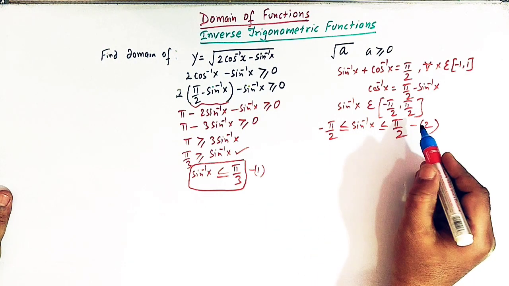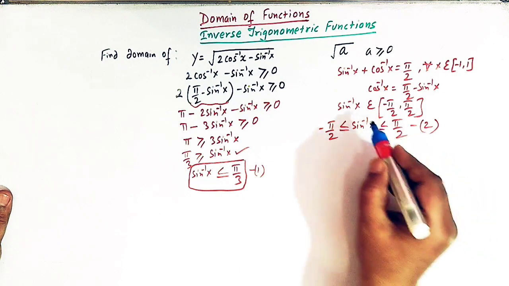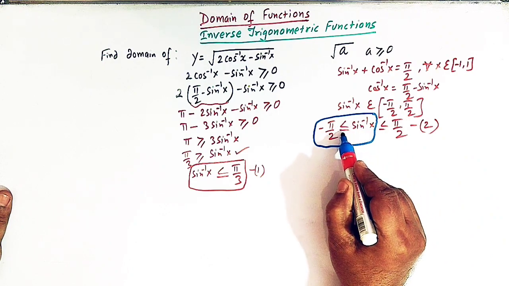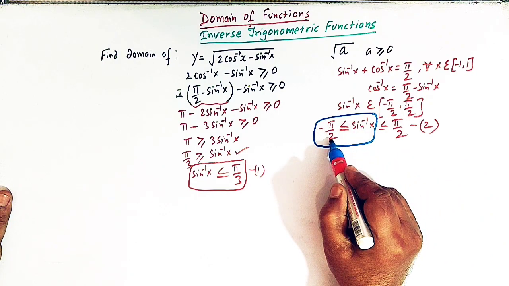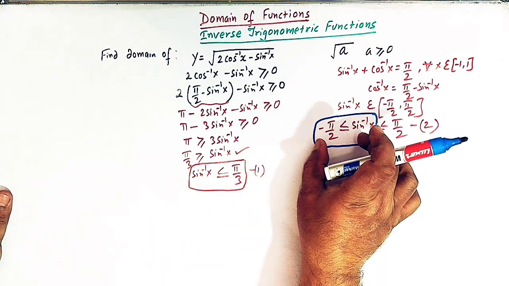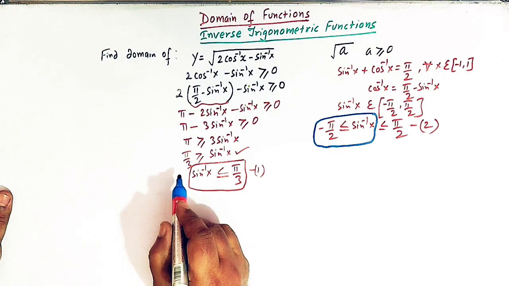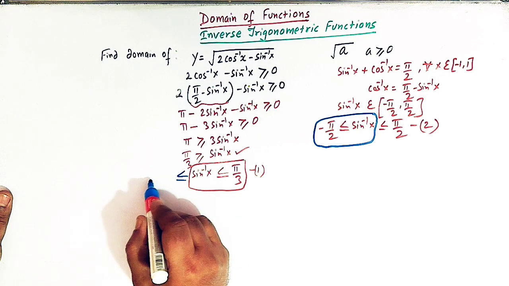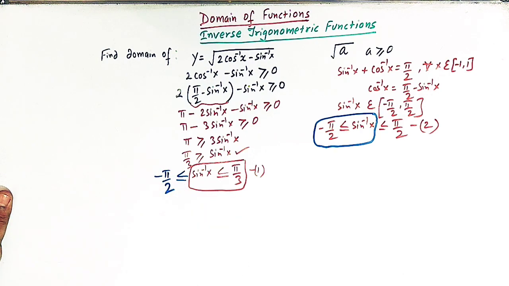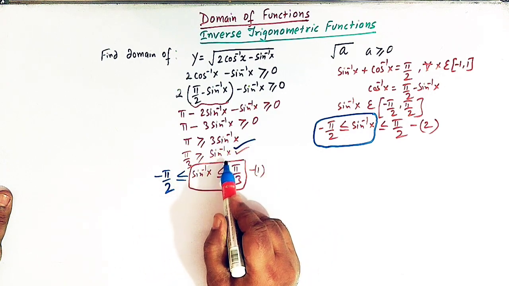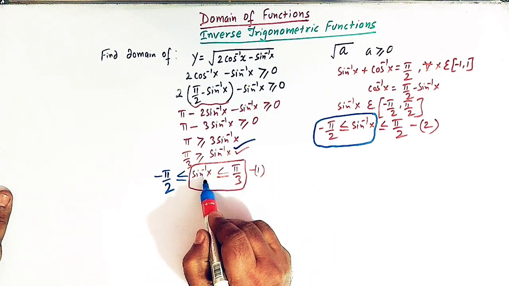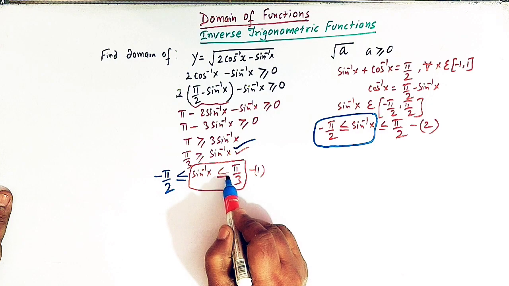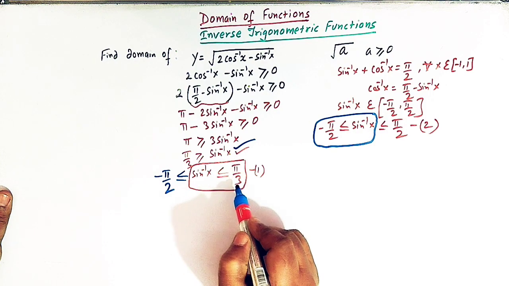Now we have to merge these two inequalities. Here we have sine inverse x greater than or equal to minus pi by 2. If we insert this part into the first inequality, it can be redefined as sine inverse x greater than or equal to minus pi by 2 but less than or equal to pi by 3.